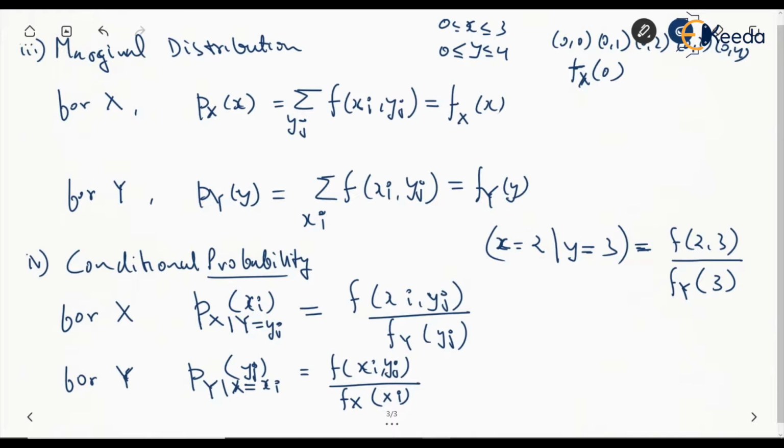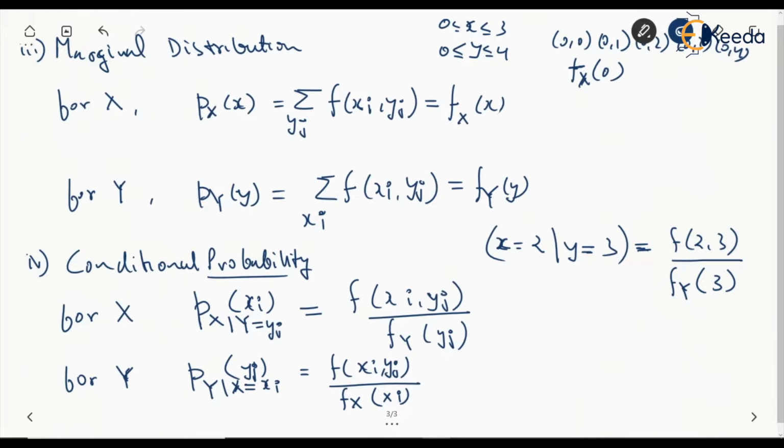Because like we have seen in the conditional probability, the sample space reduces or changes. Similarly, now instead of having all the combinations of x and y, we have only combinations with y equal to 3. So it will be x equal to 0 and y 3, x equal to 1 and y 3, x equal to 2 and y 3, x equal to 3 and y 3. All these combinations, and after that you'll have the value of the function at 2,3, that is x equal to 2 and y equal to 3.